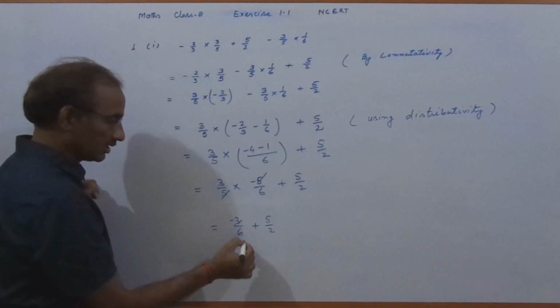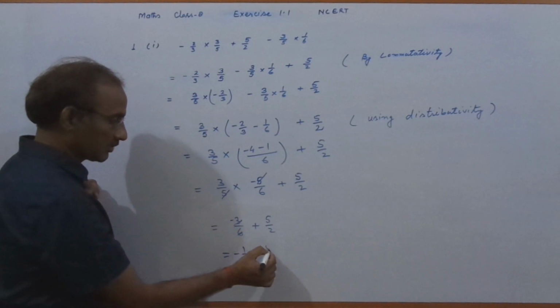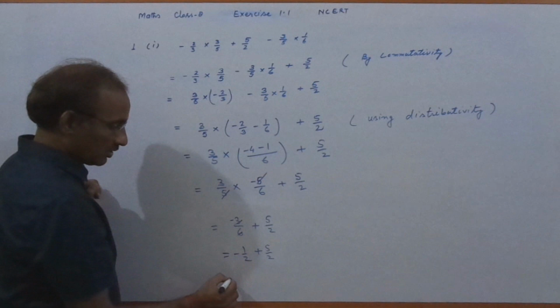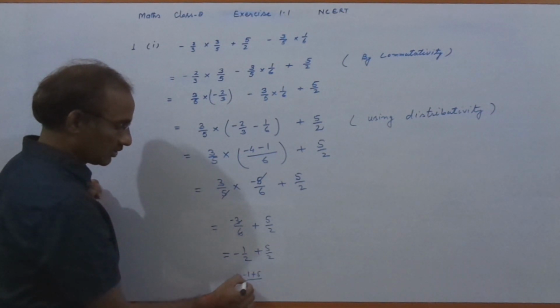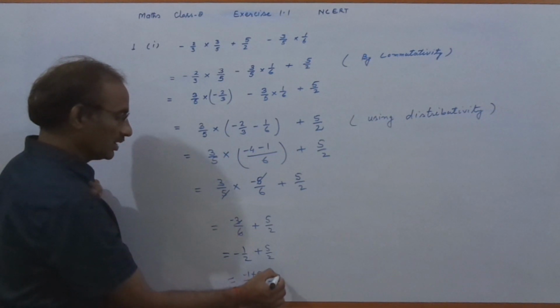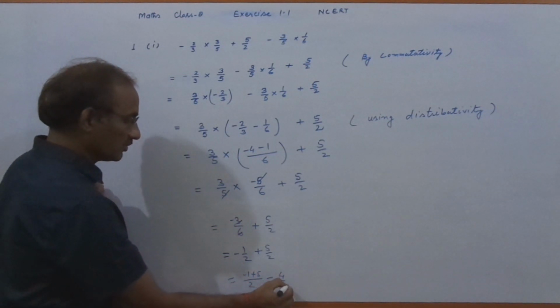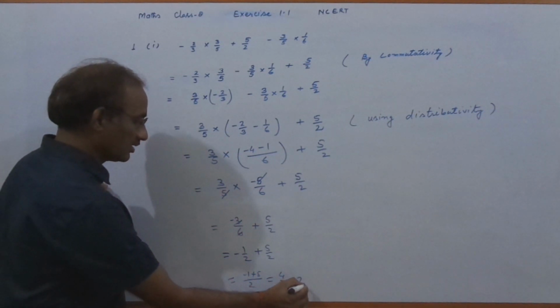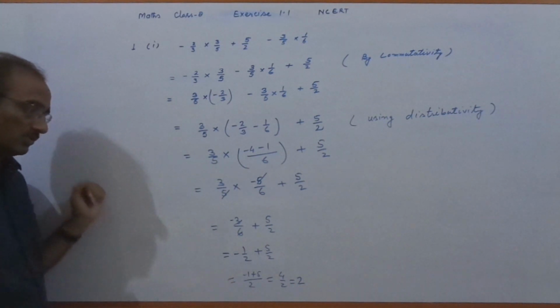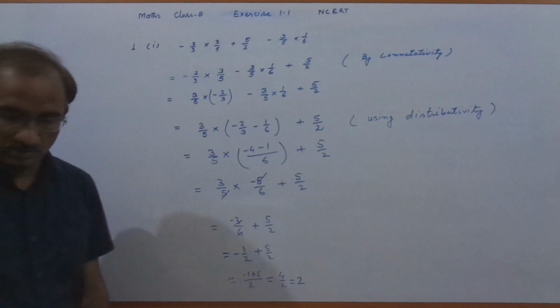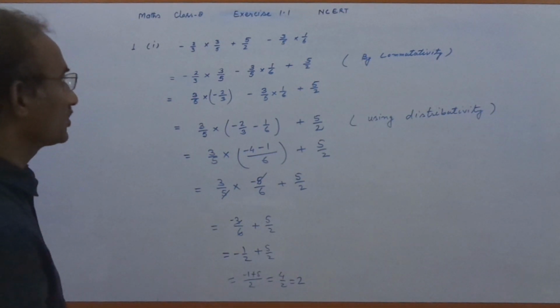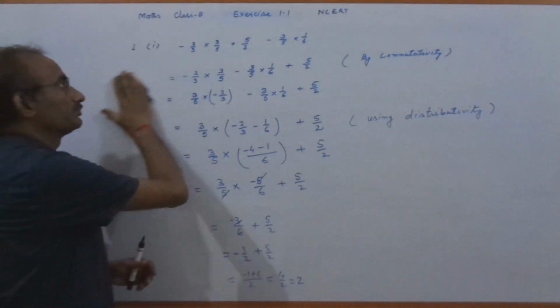On adding we get minus 1 plus 5 upon 2. So it is 4 upon 2 and finally we get the value 2. This is our answer. Now come to the second question.